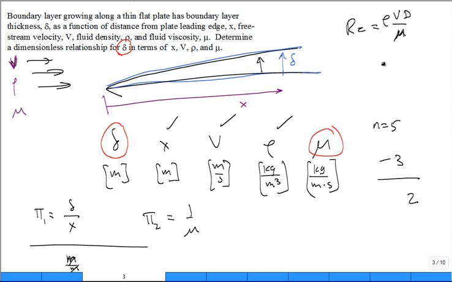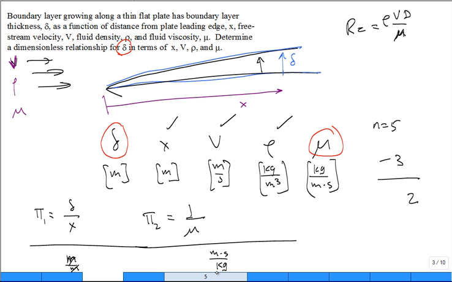Okay, so I look at my units for that one, and it's meters second over kilogram. So now I want to do something. I look and I see kilogram is only in rho. So I'm going to use rho to get rid of the kilogram in mu.